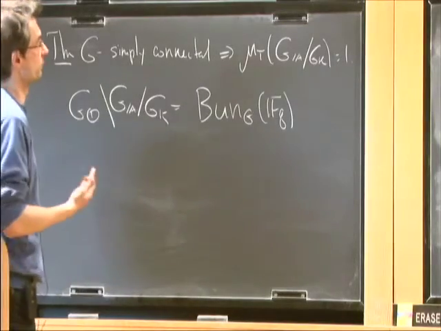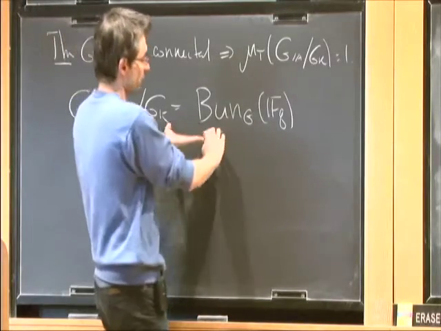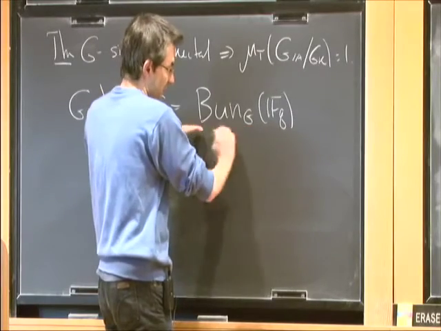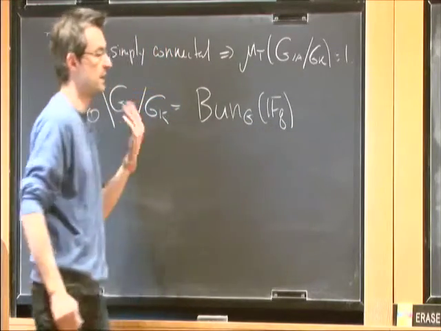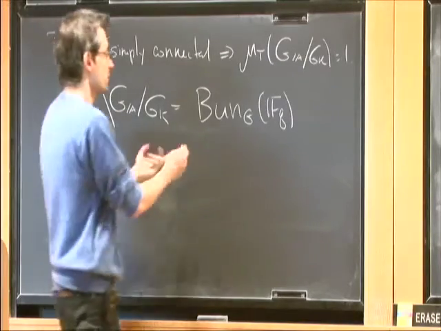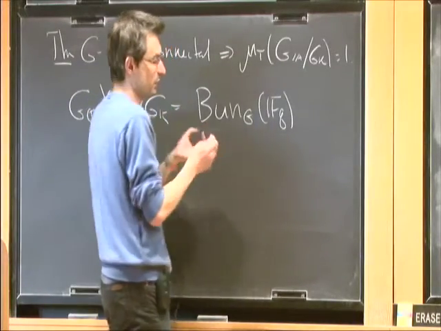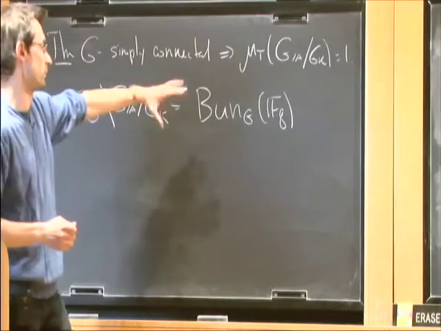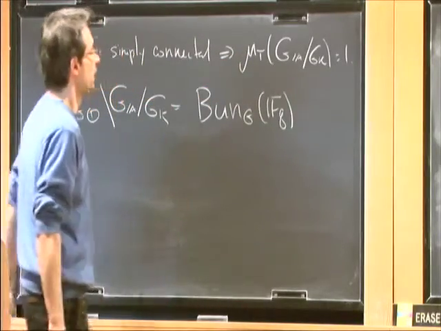Now, this being, well, it's not exactly a set. It's a set, but each point has a finite group of automorphisms. So therefore, it also comes with a natural atomic measure, and you want to compare the two.